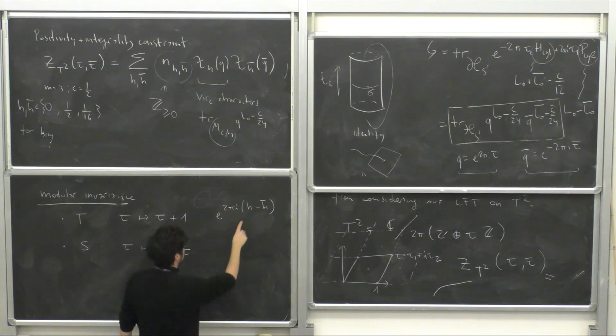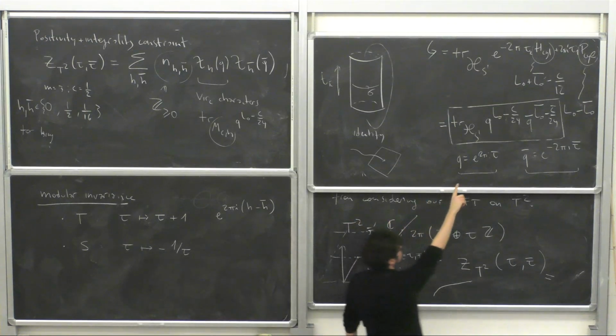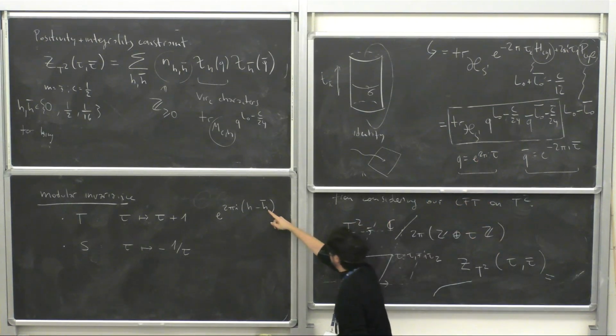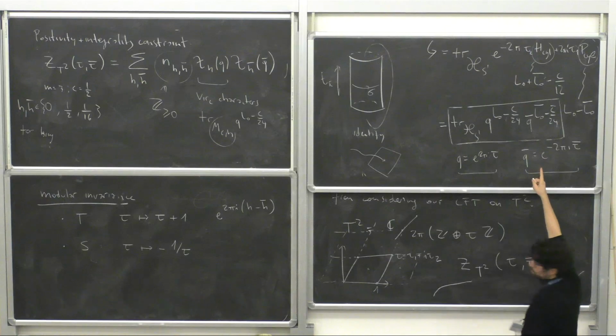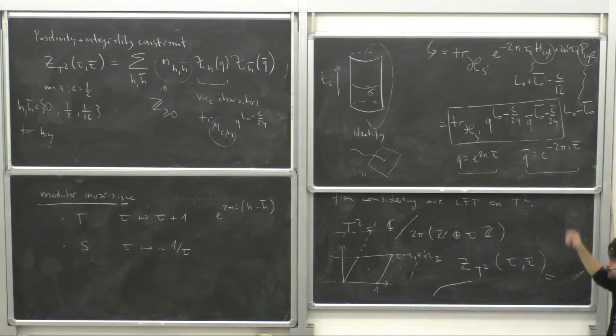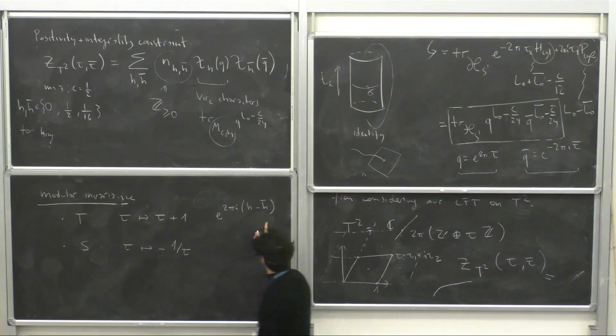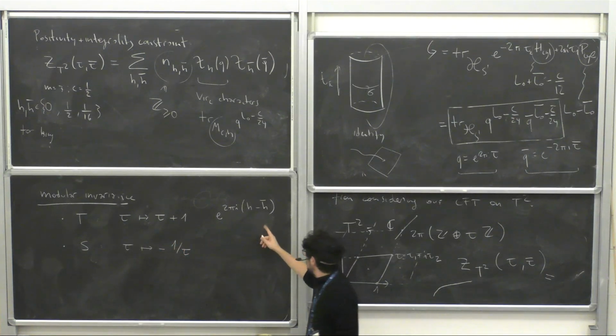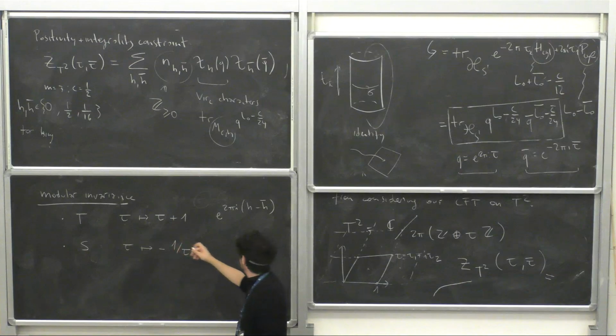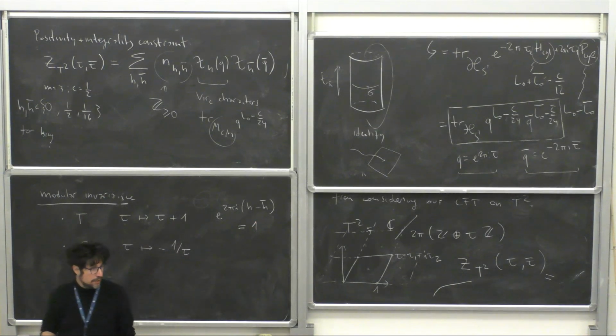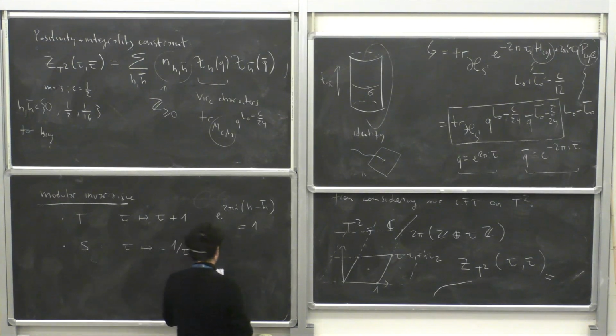Remember that h is the eigenvalue with respect to L0, and h bar is the eigenvalue with respect to L0 bar. So when we perform this transformation, we get a phase like this, and if this thing has to be invariant, then this phase better be 1. So from invariance with respect to T, we obtain the condition that h bar minus h has to be an integer.